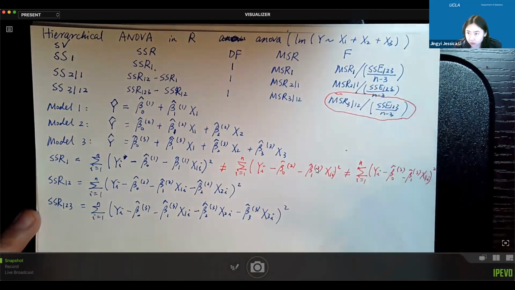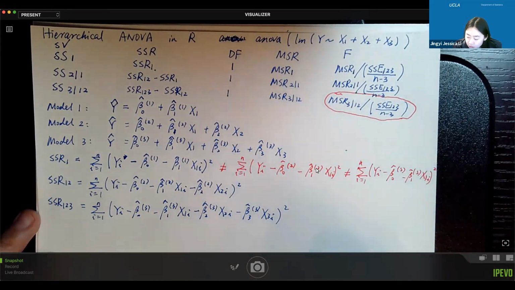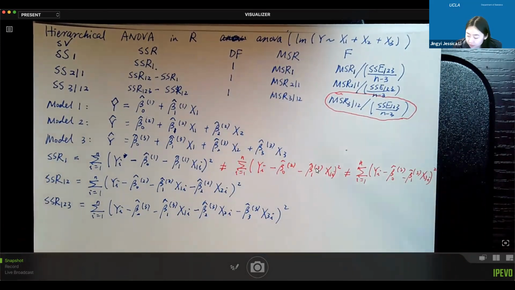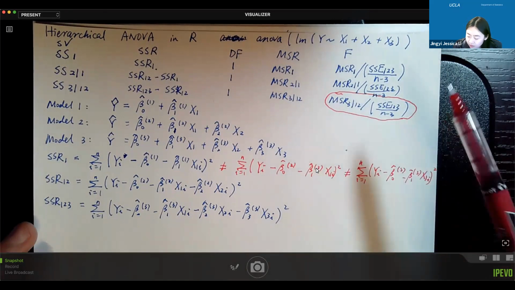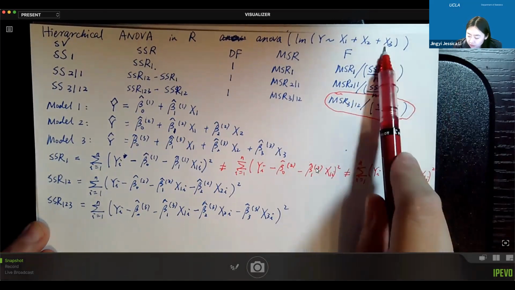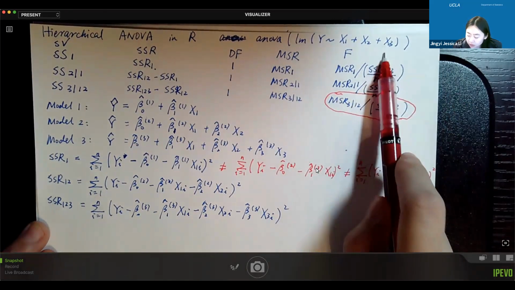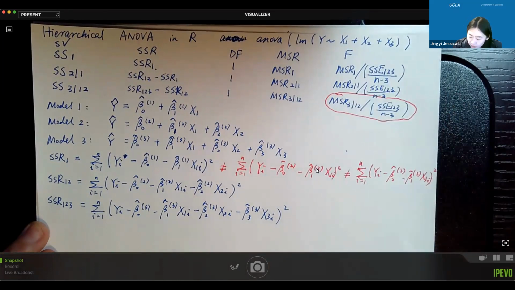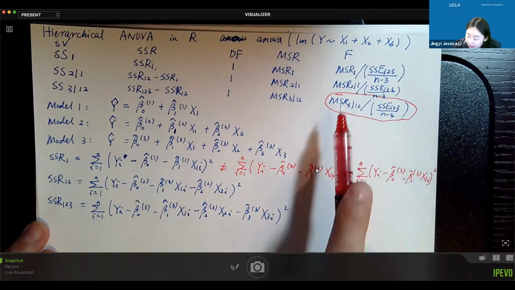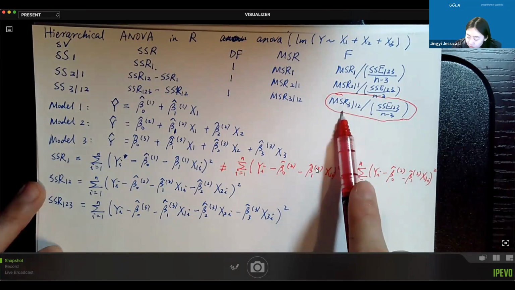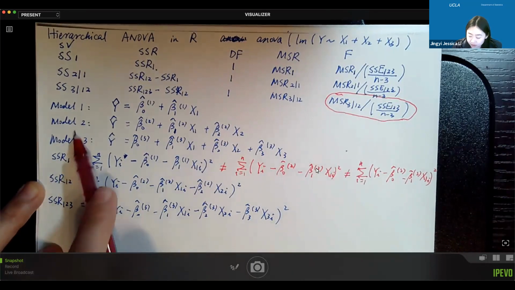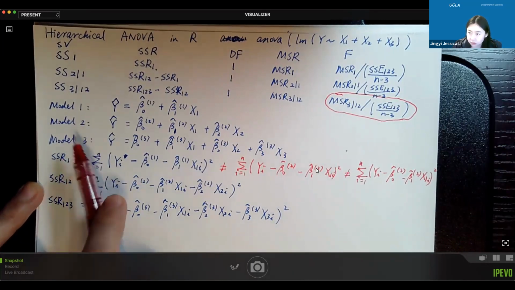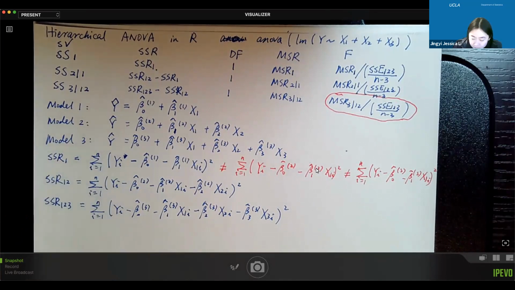This is also equivalent to a Wald test or likelihood ratio test, which can also be done for just the coefficient of x3 being 0 or not. Even though it's more general, it can be applied to a subvector of beta. And the likelihood ratio test can be used to compare model 2 and model 3 because model 2 is nested under model 3. Even though these tests may give you slightly different p-values, they are conceptually the same, testing the same null hypothesis.